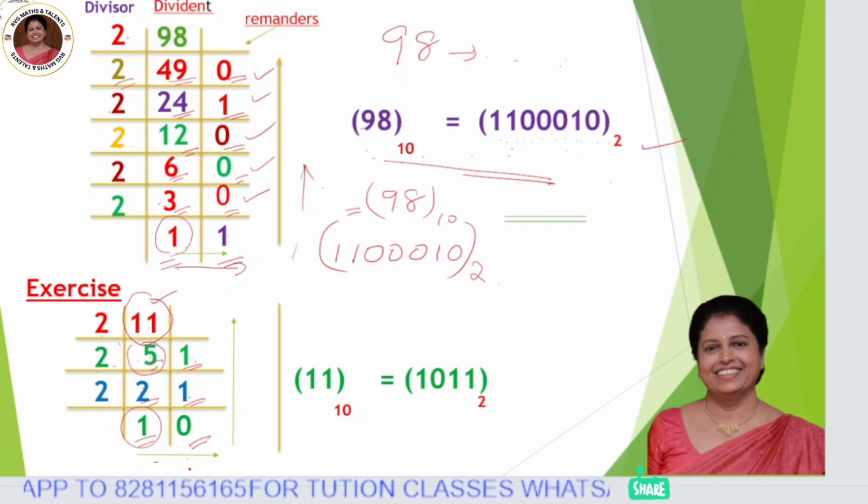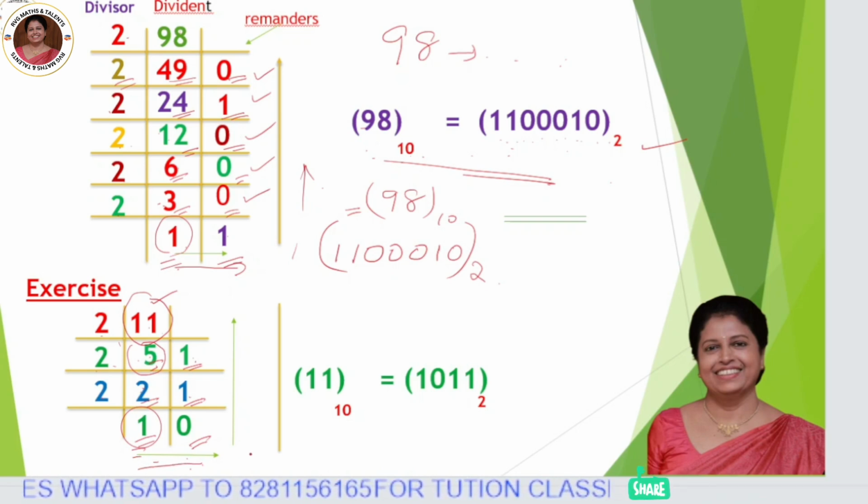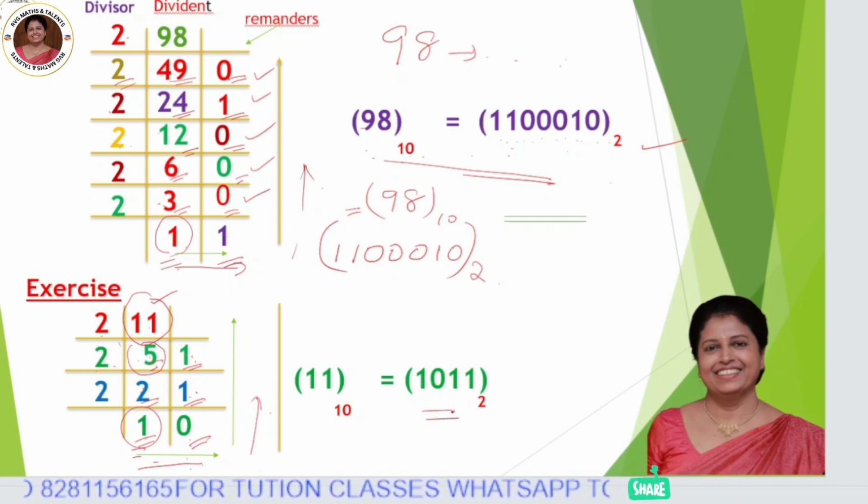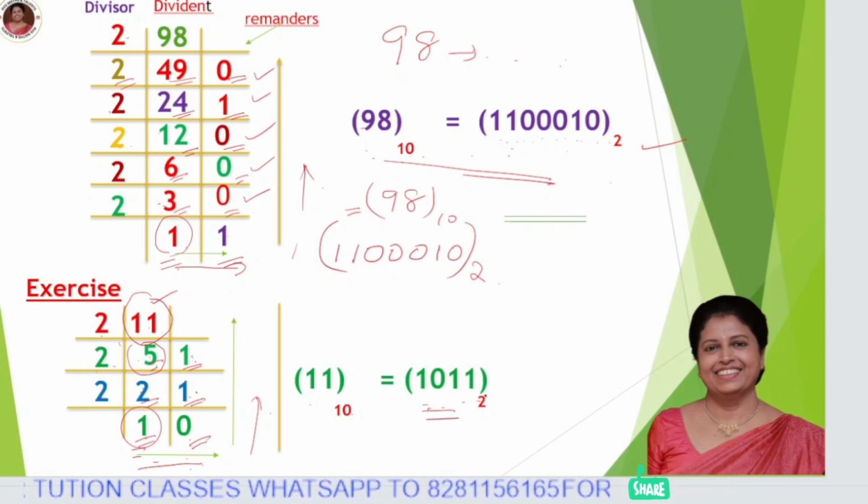Then we write down the binary number starting from this 1, then going upwards: 1 0 1 1. So that is the binary number. We can write 11 to the base 10 equal to 1011 to the base 2. Are you following? Okay.